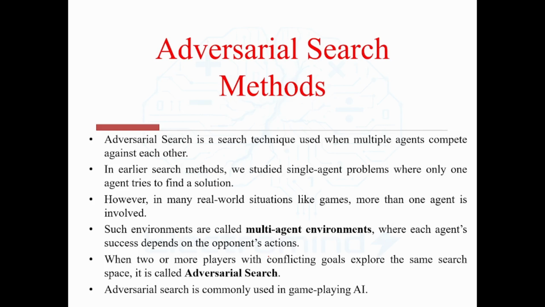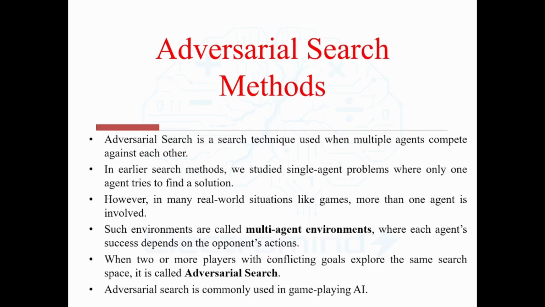In previous topics, we have studied search algorithms like uninformed search and informed search, which include breadth first search, depth first search, and uniform cost search, where only one agent tries to find the solution. But in many real world problems, especially in game environments, there are two or more players, and each player tries to defeat the other player.